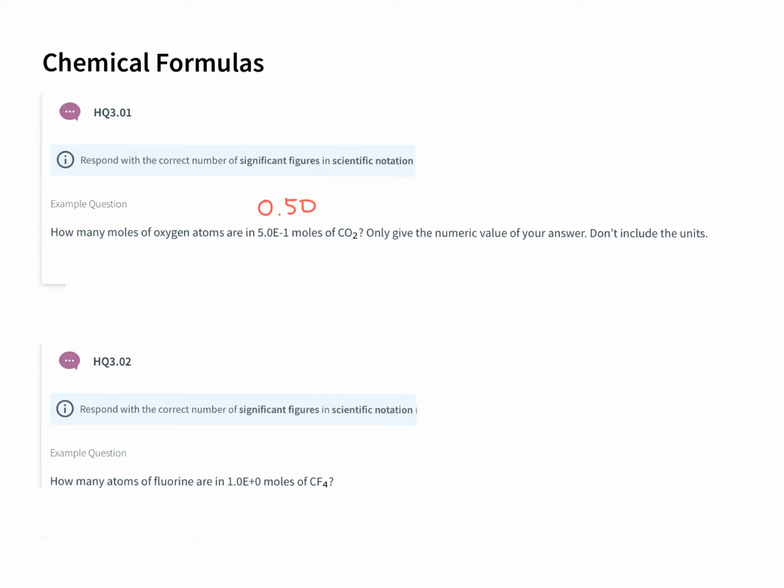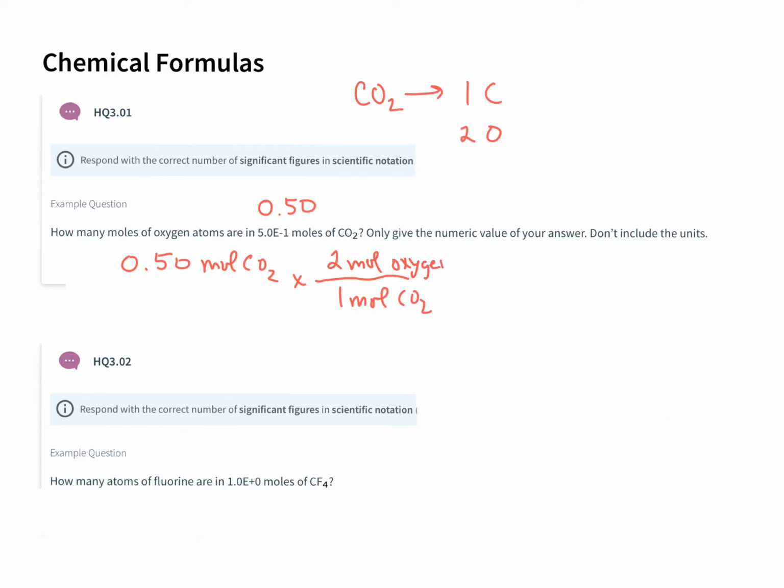So what we need to do is break the sample down to see that in carbon dioxide I have 1 carbon and I have 2 oxygens. So this calculation would look like I've got 0.50 moles of CO2, and I know for every 1 mole of CO2 I have 2 moles of oxygen. We see that up here when we break apart carbon dioxide.